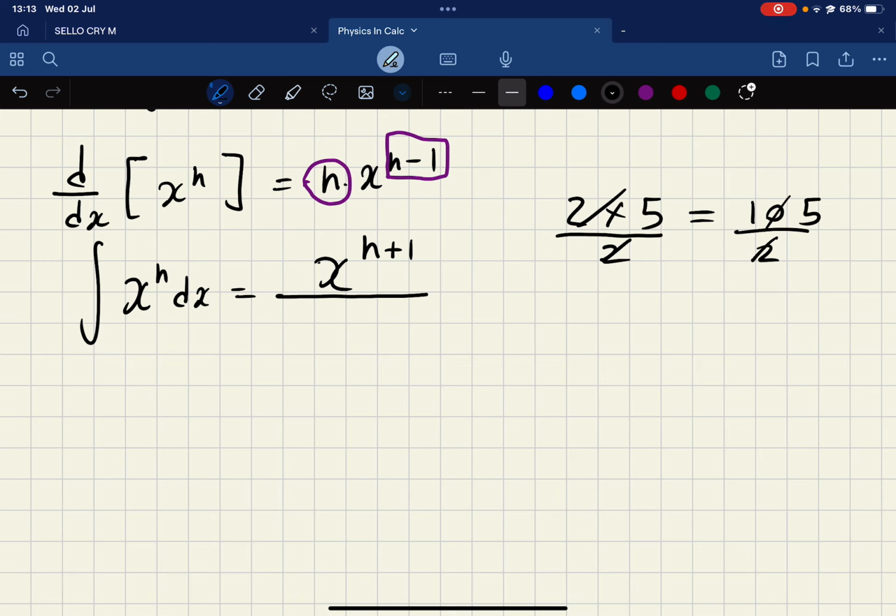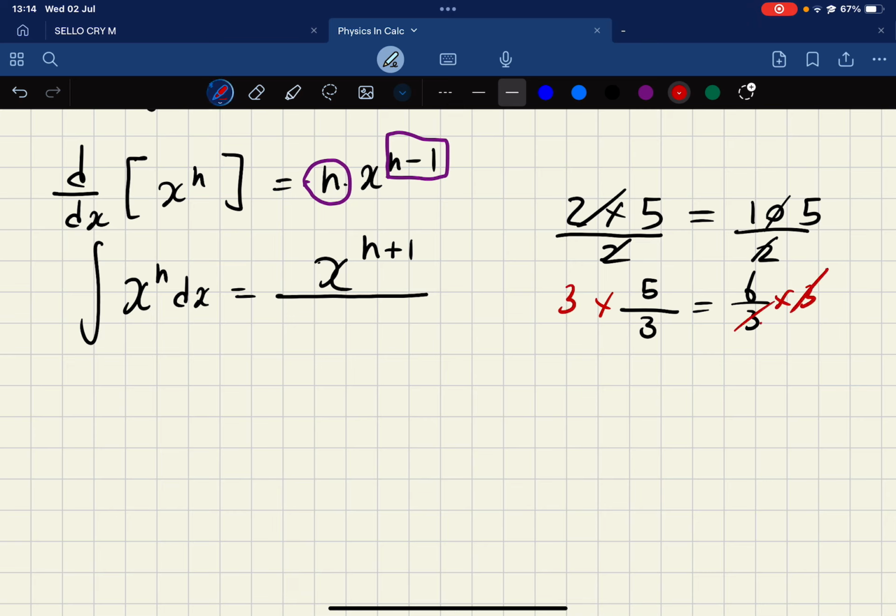So if you want to cancel something that is being multiplied, you divide by it. But if you want to cancel something that is being divided, let's say 5 over 3, 6 over 3, you multiply by it, because the inverse of division is what?